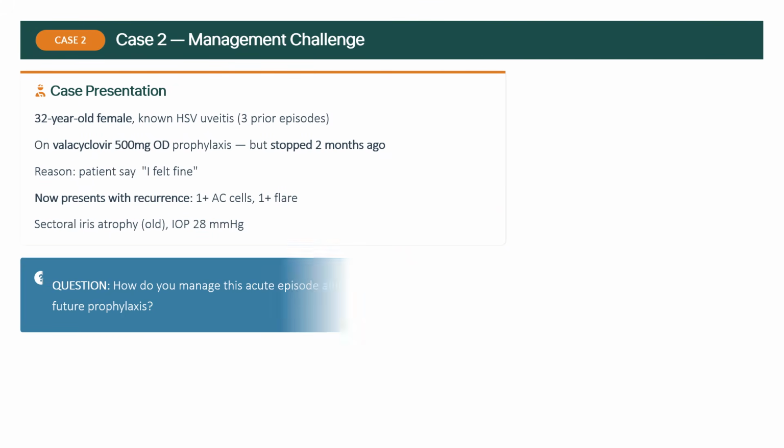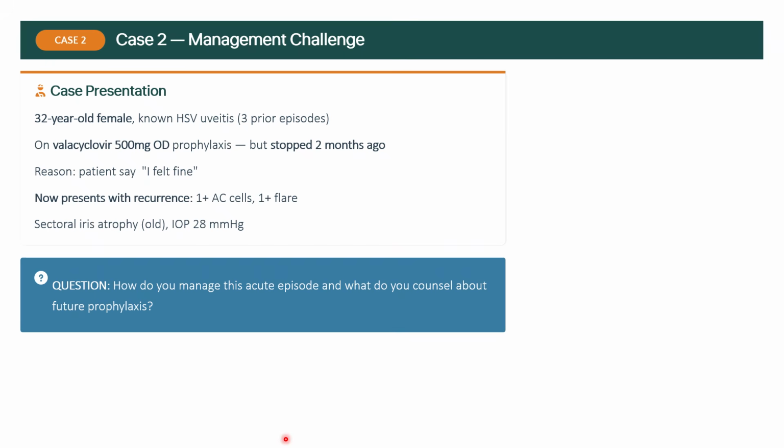The second case scenario: this is a female patient, a known case of herpes simplex uveitis, with 3 previous episodes or attacks of uveitis. She is already on valacyclovir 500 milligrams, which is the prophylactic dose, but stopped the treatment over the last 2 months, as she said, I am feeling fine.